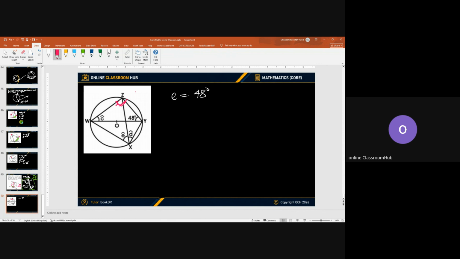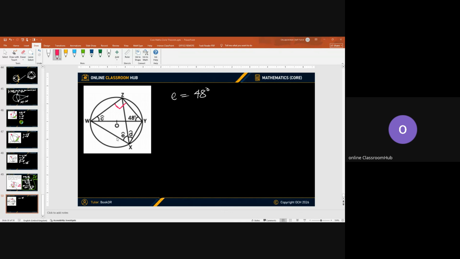Yes, diameter. So right now we can use the big triangle to find for C. Which triangle? There are a lot of triangles there. The big one, XWZ.